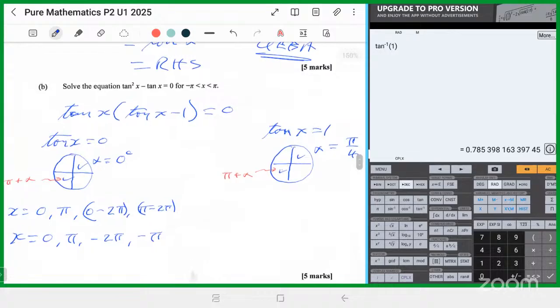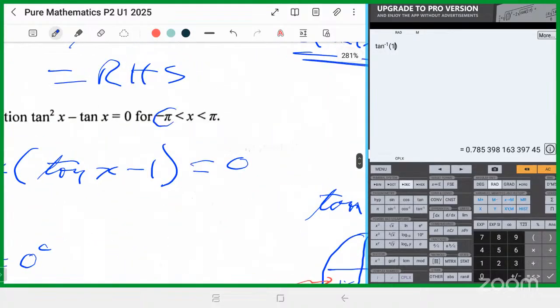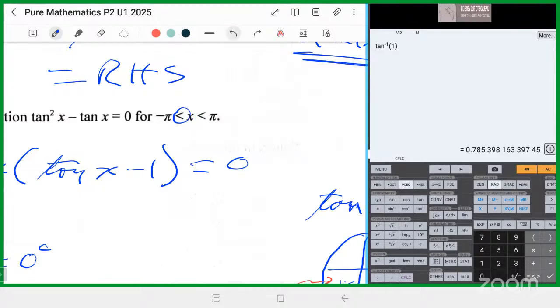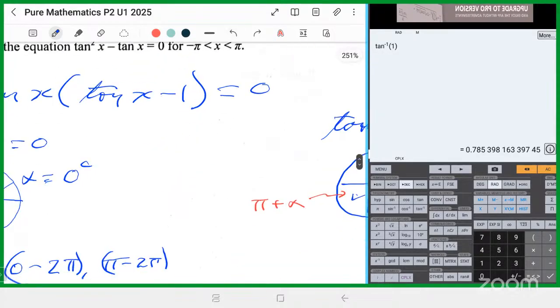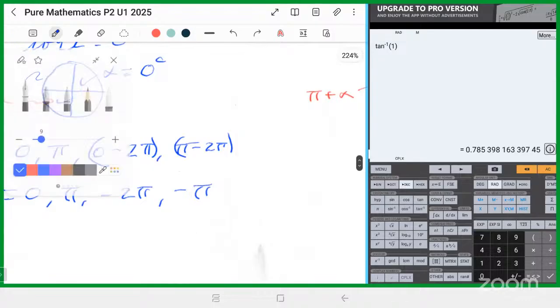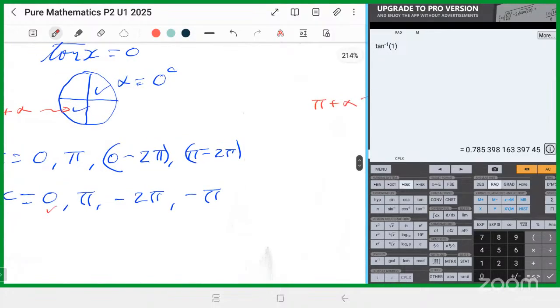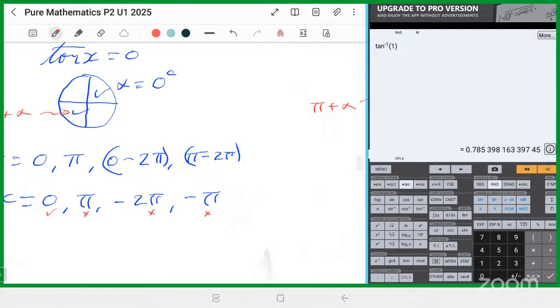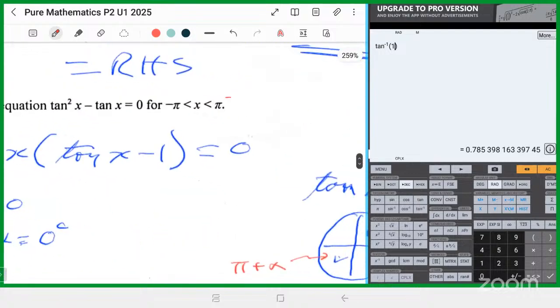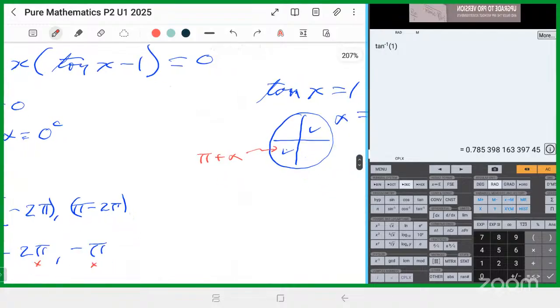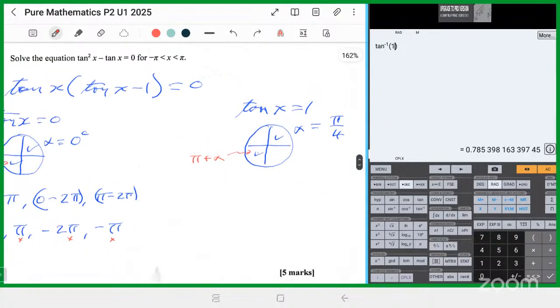If you look at this range, minus pi is not included, so there's no equality. Based on that, you can accept 0, you can accept pi, you can accept minus 2 pi. You have to be between pi and minus pi, so you cannot include minus pi. Now this side, looking at pi by 4.